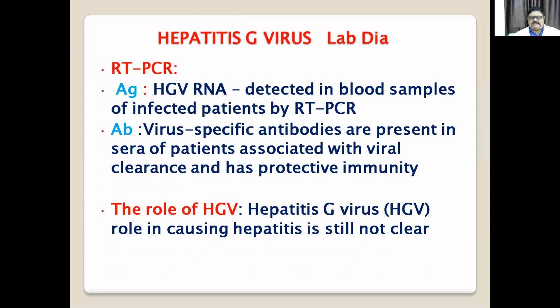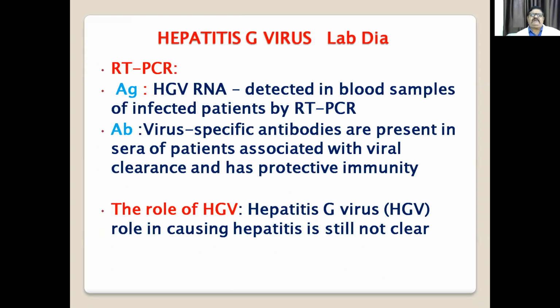Okay, so HGV RNA, you can do an RT-PCR and confirm the diagnosis, and the antibodies are present in the circulation, and with time there is a reduction of the antigen because the antibodies are protective in nature. And what about the role of HGV in hepatitis?